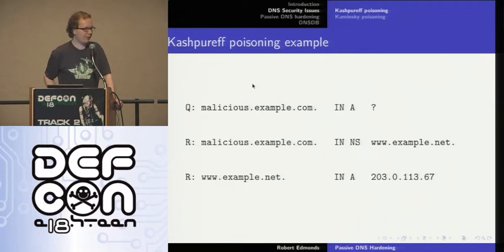I'm going to skip the actual example because it takes a while to explain, but the idea is that we have a malicious.example.com name, and we trick someone to look it up, and suddenly this unrelated name, www.example.net, points anywhere we want. So the blue one and the red one is malicious, the blue one is suspicious but not illegitimate.